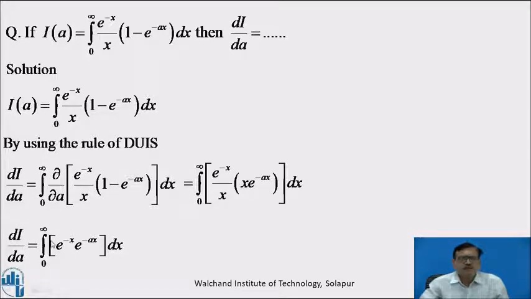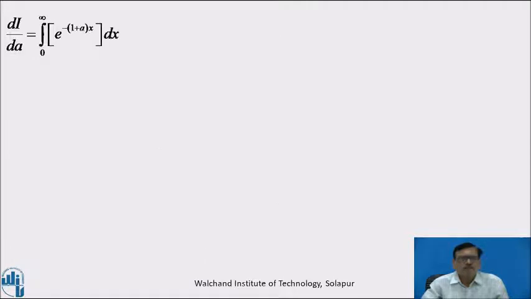We can write dI by da equal to the integration from 0 to infinity, here x will get cancelled, e raised to minus x into e raised to minus ax dx, which is equal to the integration from 0 to infinity of e to the power minus (1 plus a)x dx. Now integrating with respect to x, the integration of e to the power minus (1 plus a)x is e to the power minus (1 plus a)x divided by minus (1 plus a).